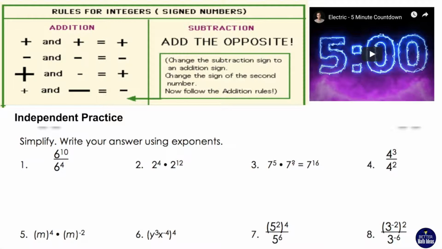Our scholars need constant reminders about how to apply these rules for integers. And by including something like this visibly on the screen, if you have a projector, this may also be taped to a desk or to a notebook to assist students with mastery of a prerequisite skill.